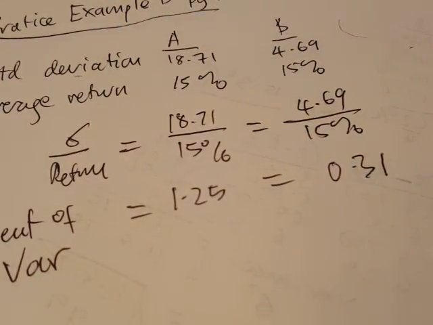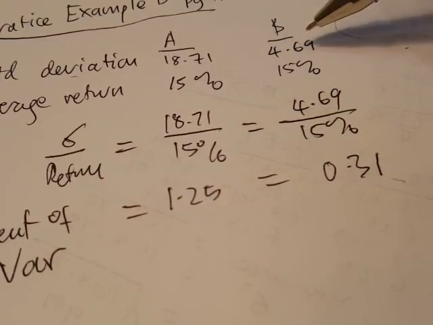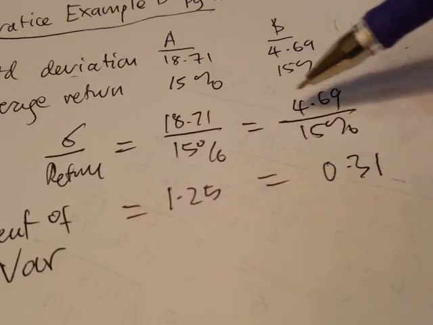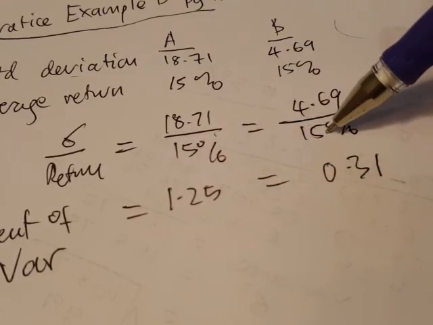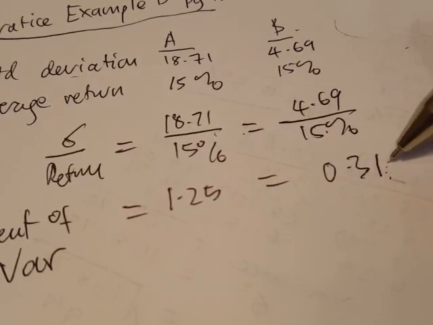This analysis is important. It shows that between these two financial assets, the return is the same, not much different, but the risk for B is so much lower per 1% return you invest.